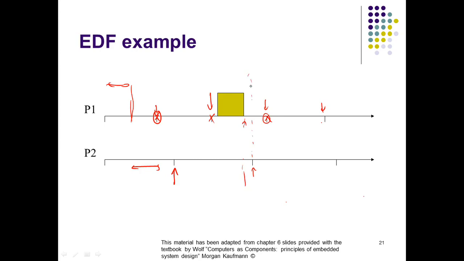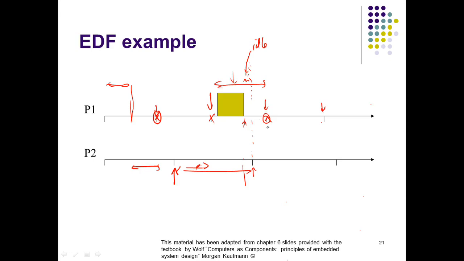At this point in time, P2 is finished for this period, and P1 is finished for this period. So you've got nothing to do in this period, so for this small period, you're going to idle. At this point in time, P2 becomes available, P1 doesn't need to start yet.